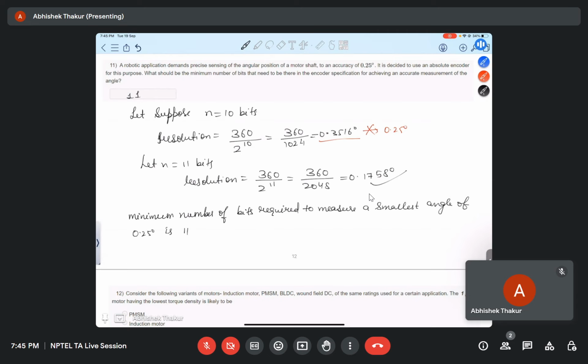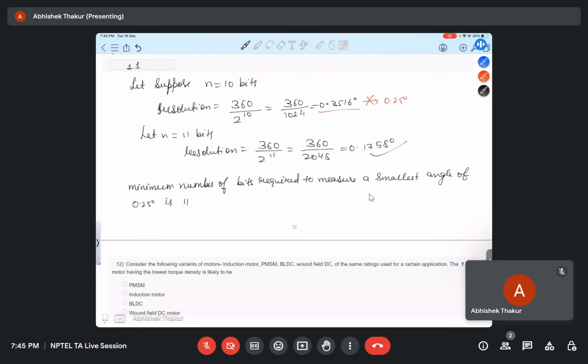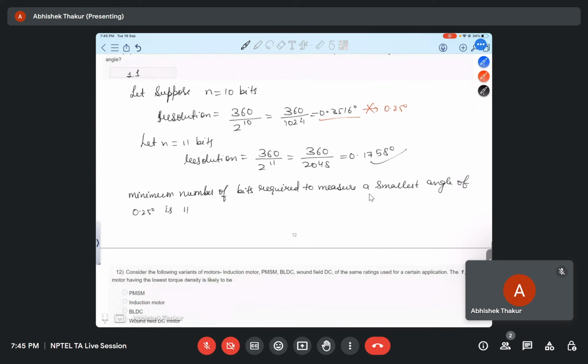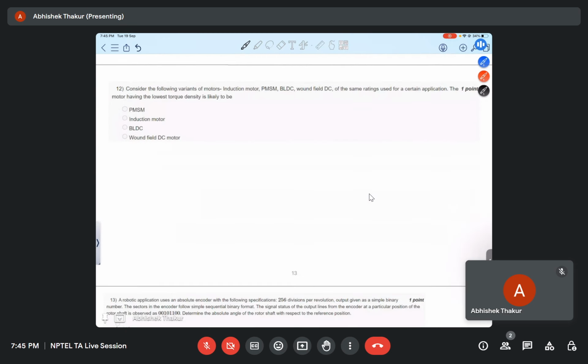Because you have to substitute the value of n in this equation and check. It should be less than the accuracy required. If 0.25 degree is required, then it should be less than that. So now we'll move on to the next question.